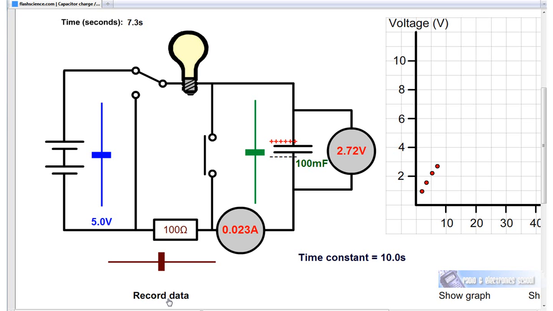Voltage is charging, 2.6 volts. It can only go as high as 5 volts because that's the battery voltage. You notice the current is decreasing now because the capacitor is becoming charged, nearly at 5 volts.